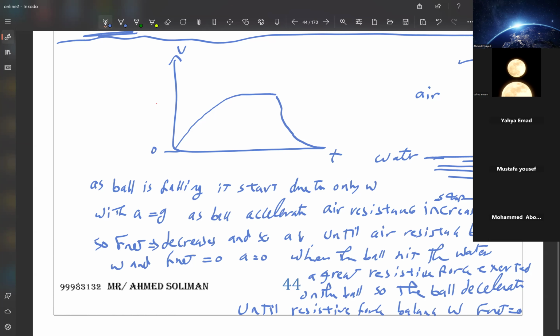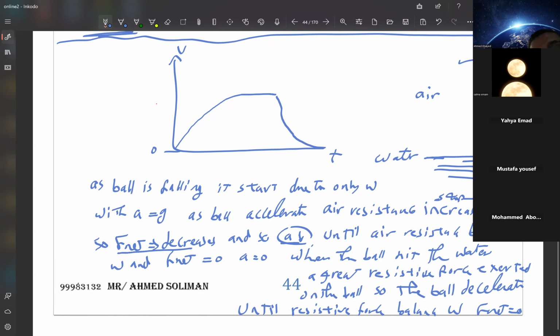Isn't increasing acceleration supposed to be opposite to air resistance? Muhammad, we don't have increasing acceleration. As the ball accelerates, air resistance increases, and I said F net decreases and acceleration decreases, not increases.